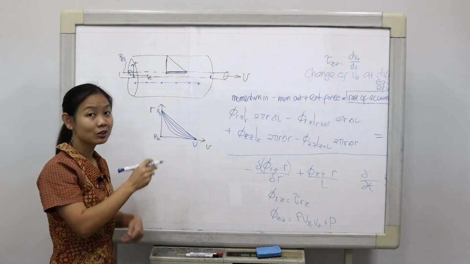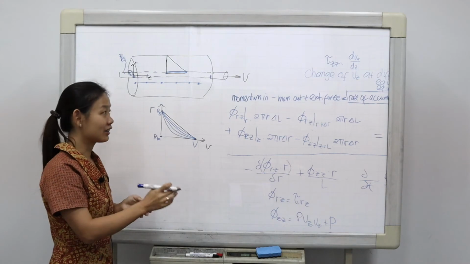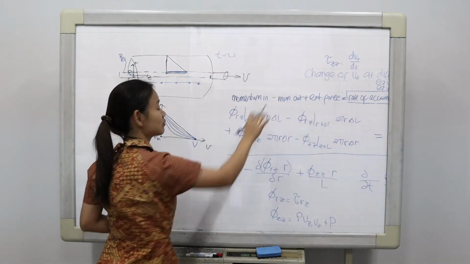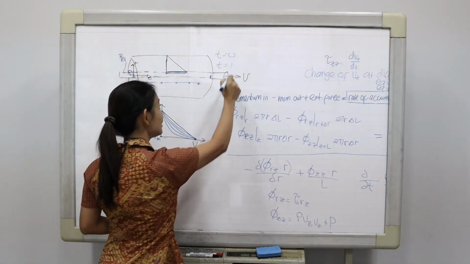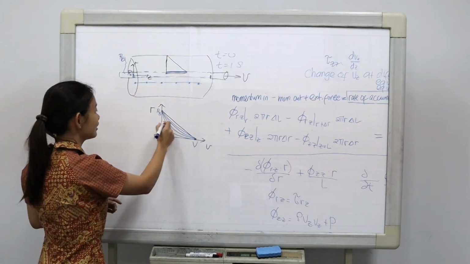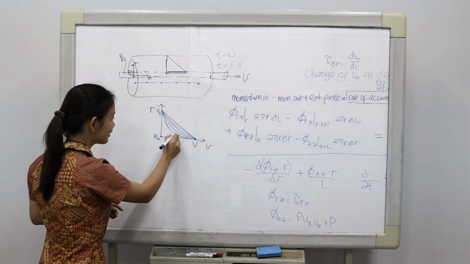But for example, at t0, I move this pipe. If you observe the system at t equal 1 second, you will have, for example, this profile.